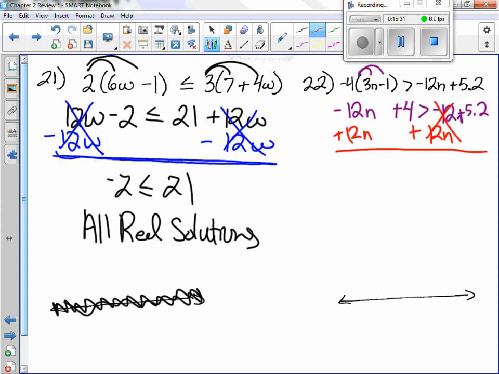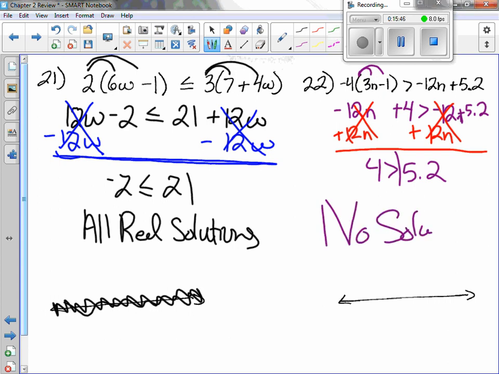For this one here, they both cancel out again. And we get 4 is greater than 5.2. Well, that's not true, is it? 4 is not greater than 5.2. This here is no solution.